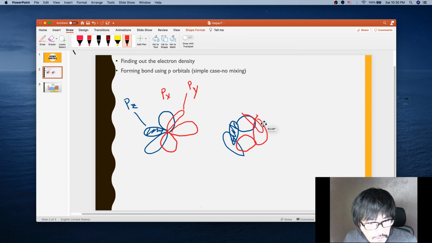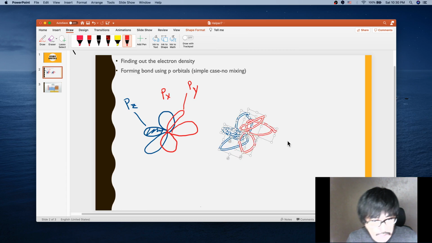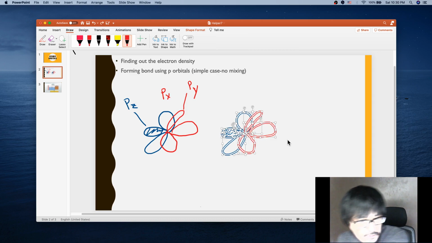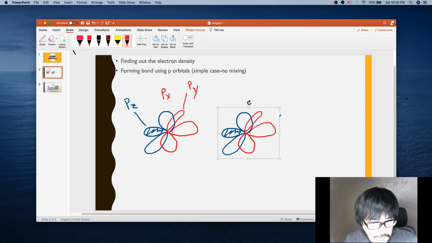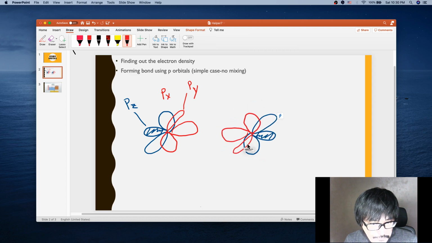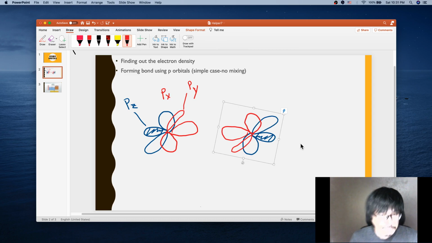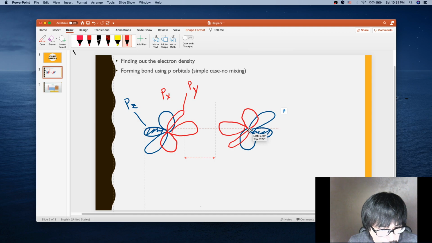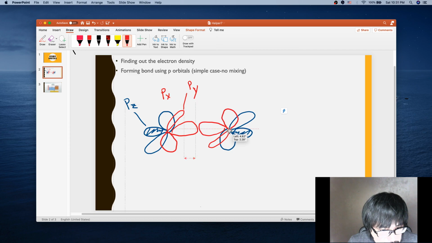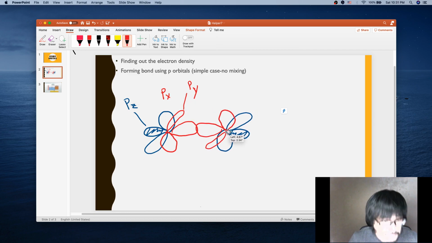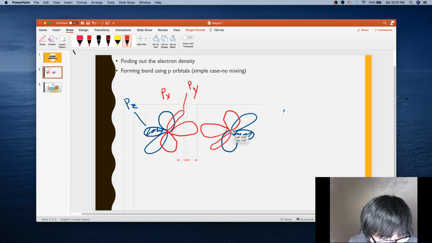Can I rotate? Nope, I can't. Alright, so I have to write out the whole thing. So this is another piece right here. Then you can actually make a bonding orbital like this, right?